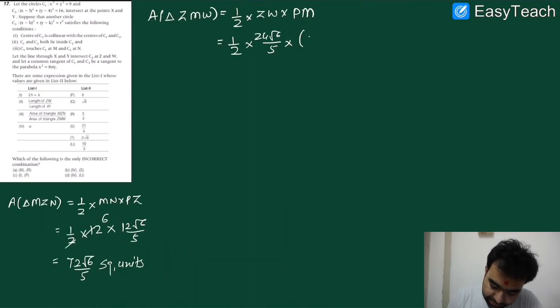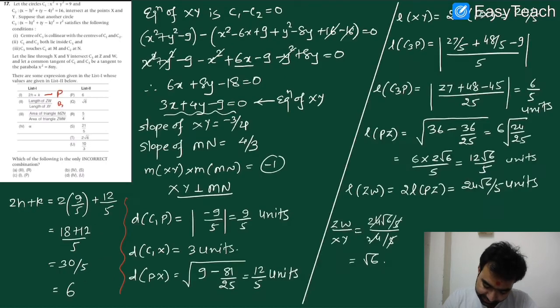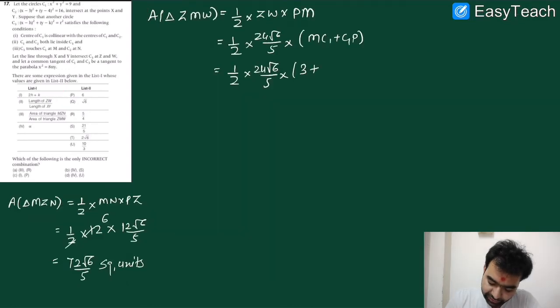MC1 is the radius of the smaller circle, that is 3, and C1P, that we also calculated, is 9 by 5. So this is 24 root 6 by 5 into 15 plus 9 by 5, correct? So this is 12 into 24 root 6 by 25.